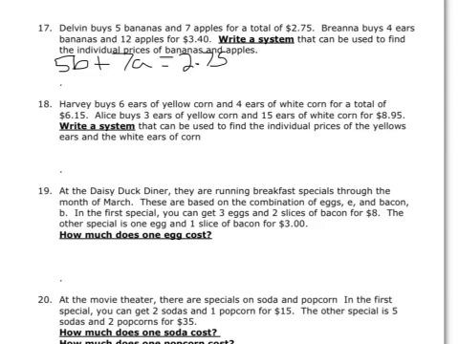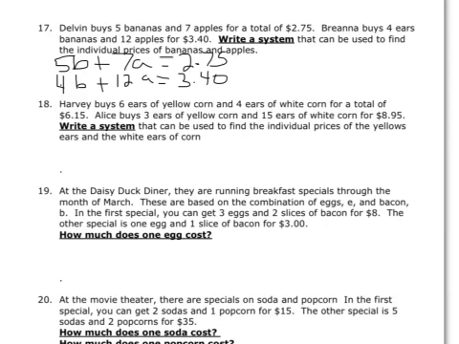Then someone else bought bananas, so they bought 4 bananas plus 12 apples, and they spent a total of $3.40. So this would be the system that we would set up, and then we would solve it by either changing them to y equals or using elimination.